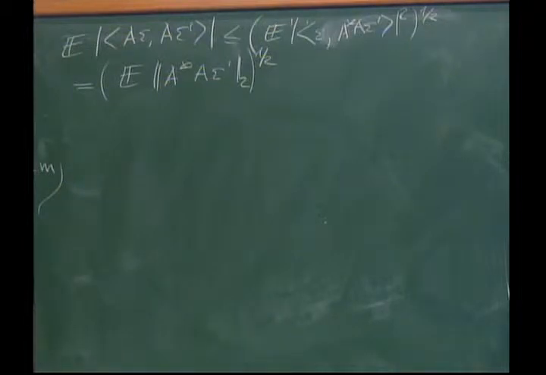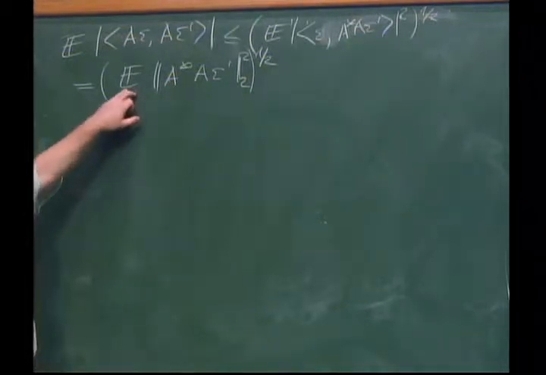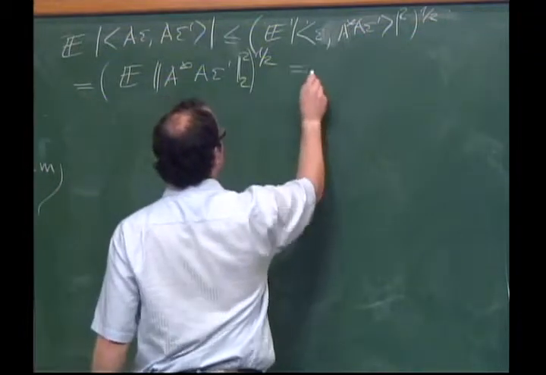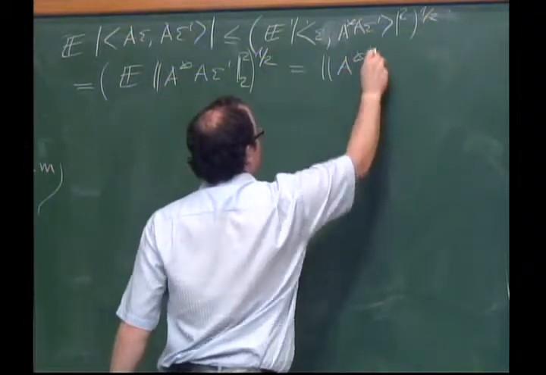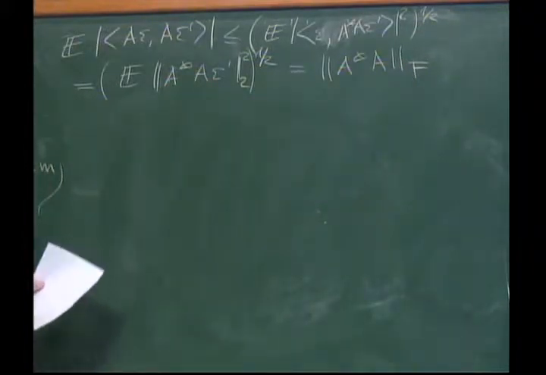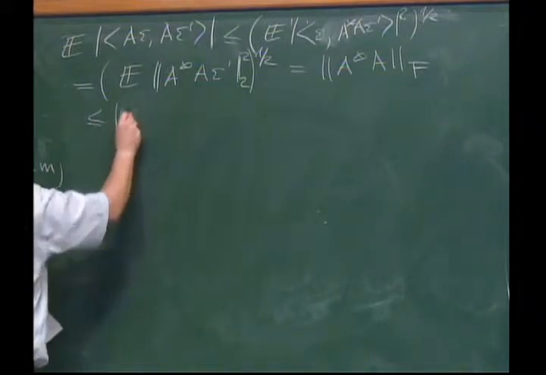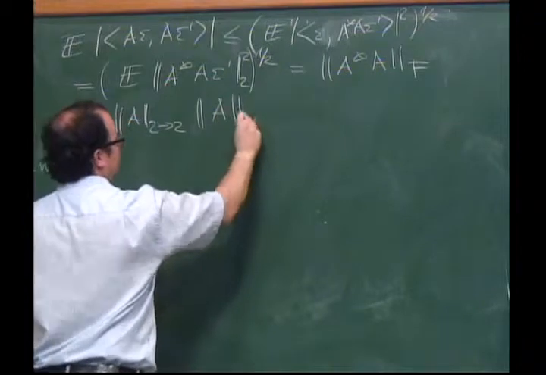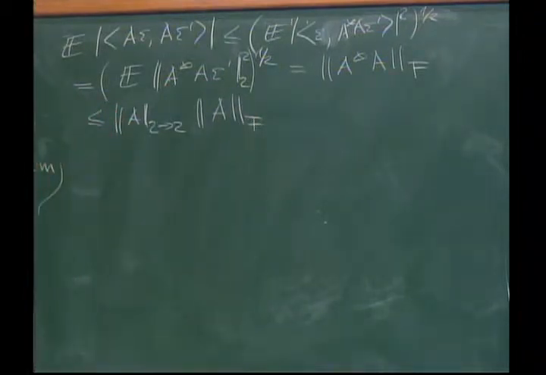And now we take the expectation with respect to epsilon prime, which gives you the Frobenius norm of A star A. And, well, you can also bound this by the operator norm of A times the Frobenius norm of A. Okay, so let's now continue.